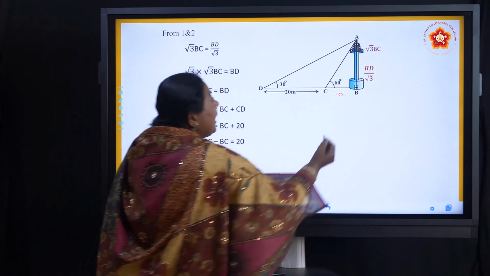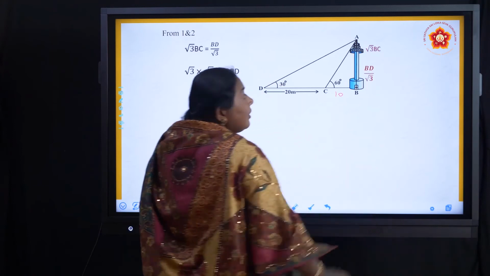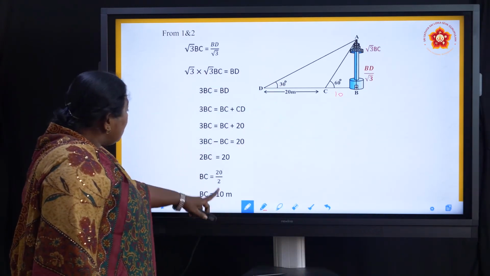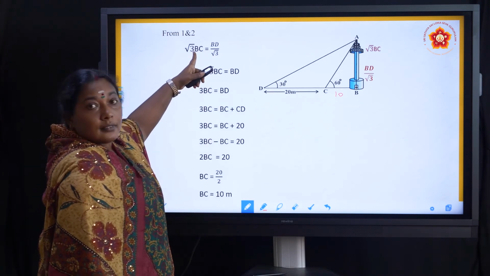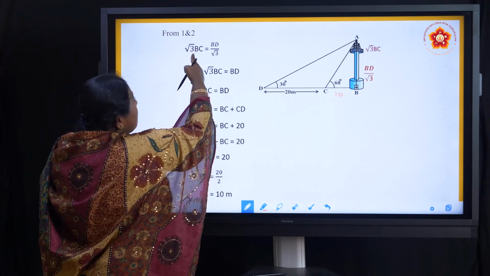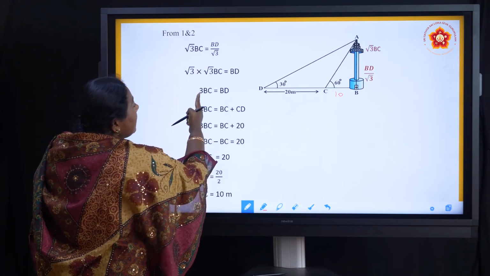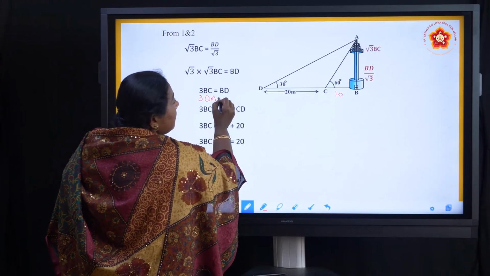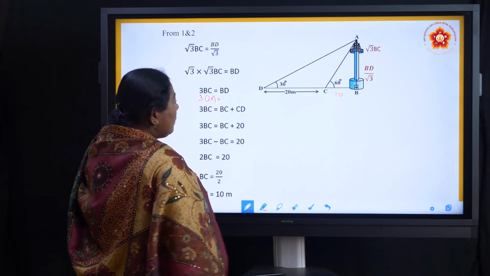Next what I have to find? I have to find the height of the tower. If I have BC as 10, just put this here. Apply this BC value here, cross multiply it. 3 into BC, 3 into 10 is equal to BD, 30. That's what we are getting.